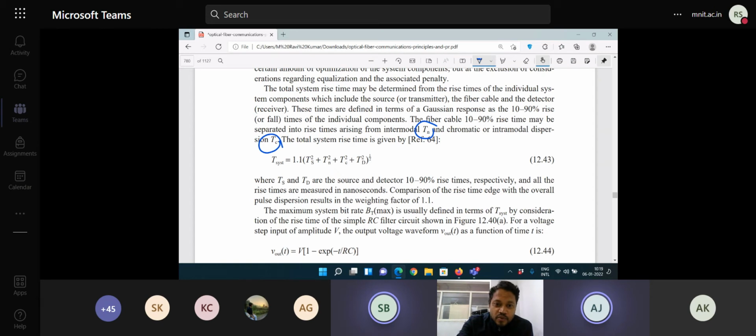In case of single mode fibers, this term will be absent. So this is the overall rise time for the entire system.